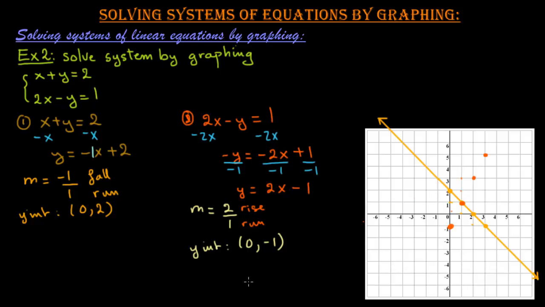Then we make a line connecting 3 dots or 4 dots together. You will have the graph of this equation. Then what is the answer for this problem? The answer is where they intersect. So as you see, they intersect at this point, (1, 1).